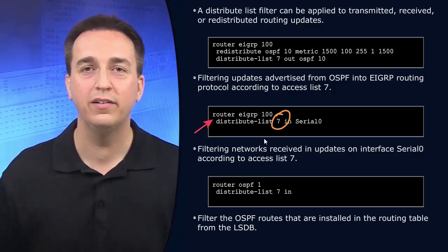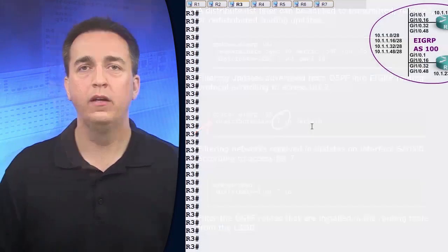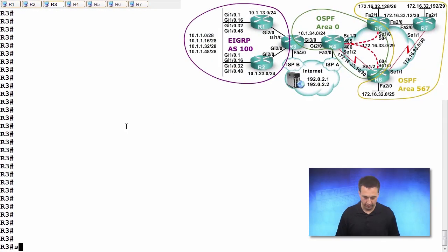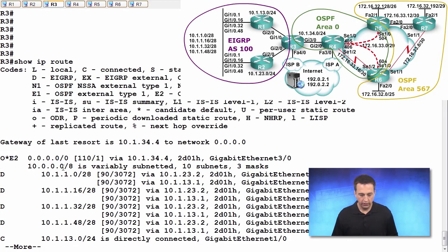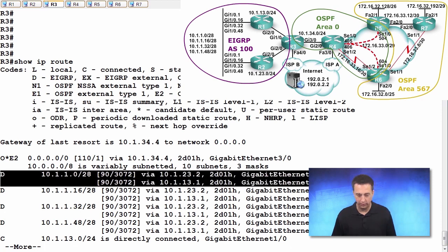Let's take a look at that in the live environment. Let's look at R3's routing table right now. Show IP route. Notice how R3 is learning about the 10.1.1.0/24 network from both R1 and R2. Let's filter the route learned from R1.